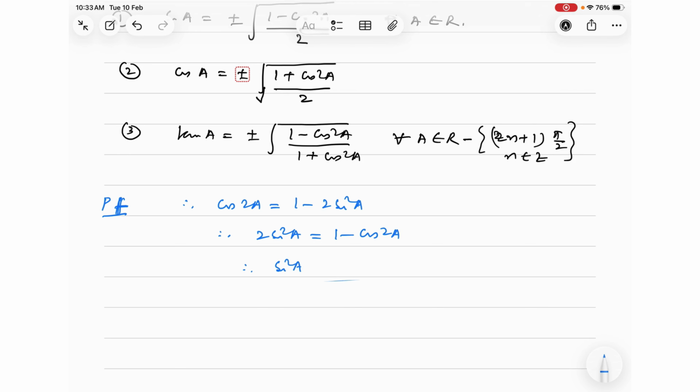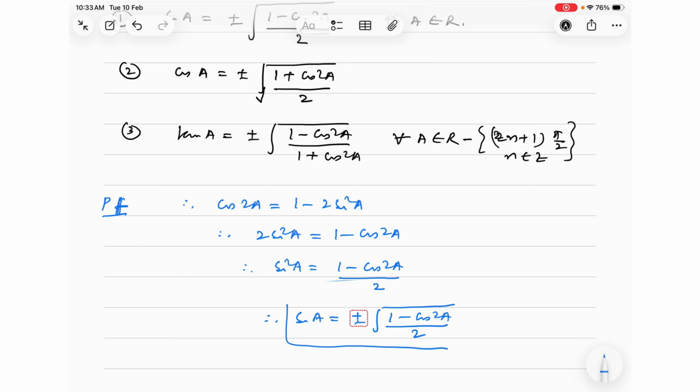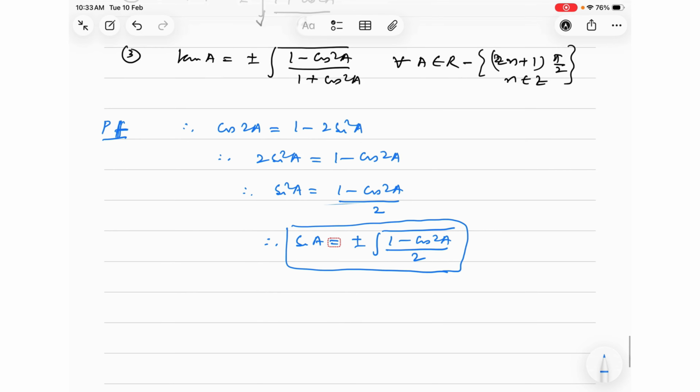Therefore sin square A is equal to (1 minus cos 2A) by 2. Therefore sin A is equal to plus or minus root of (1 minus cos 2A) divided by 2. This is the first result, very useful in many questions of this chapter.